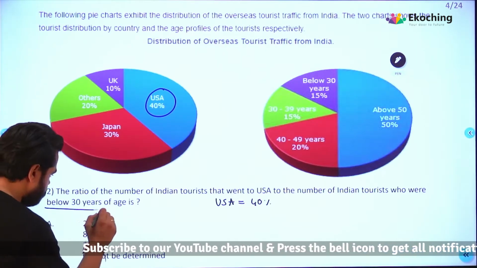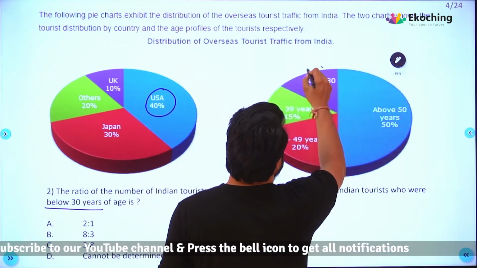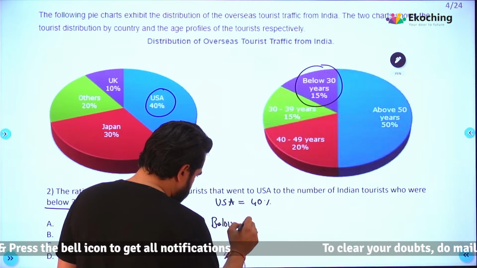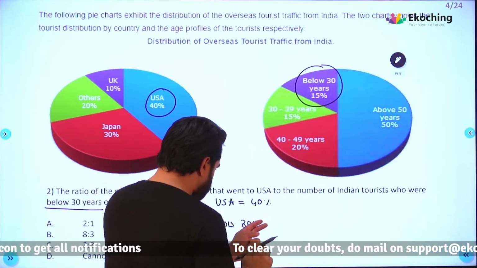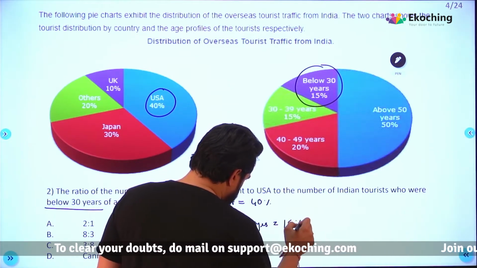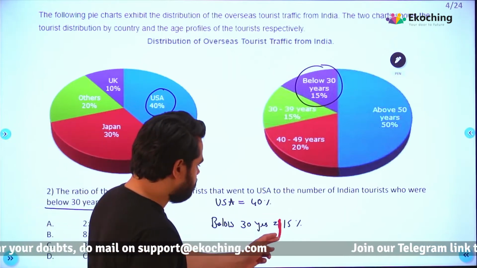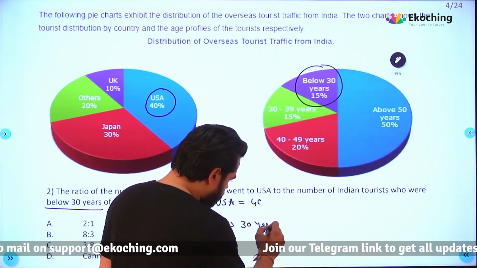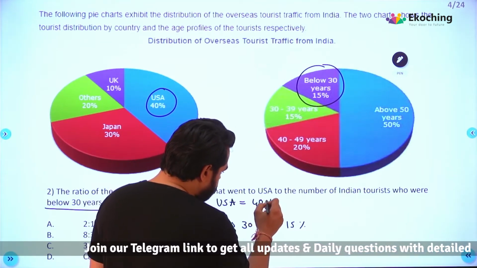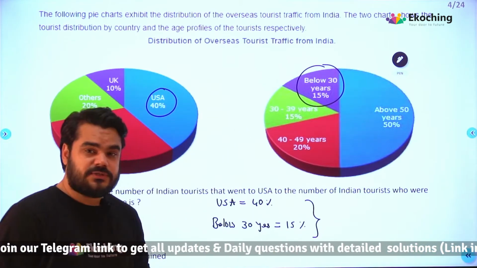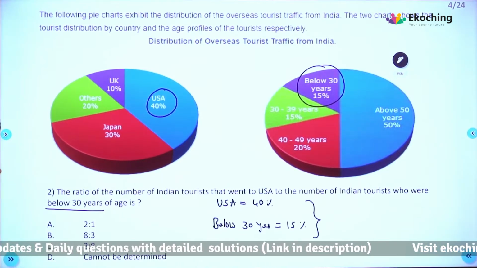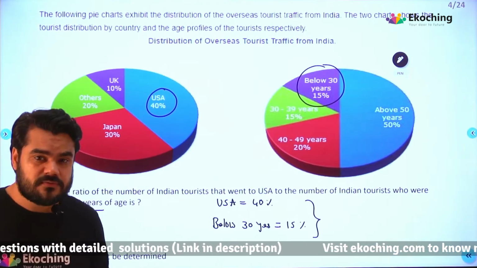So below 30 years, that is 15%. And I'm supposed to find the ratio of these two. But my first question is, can we find the ratio if we do not know the actual numbers? Right? Can we find the ratio?